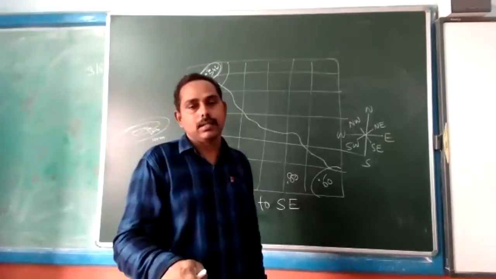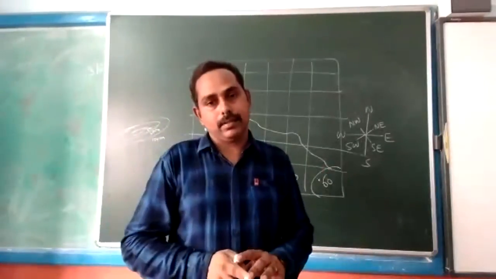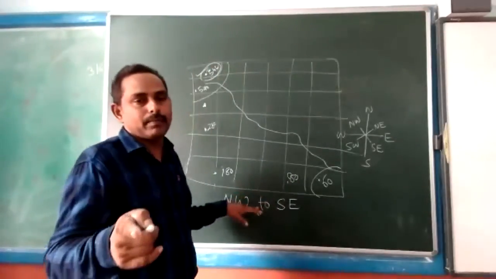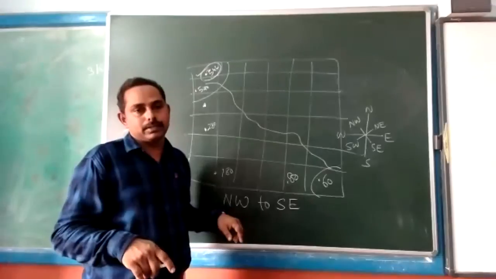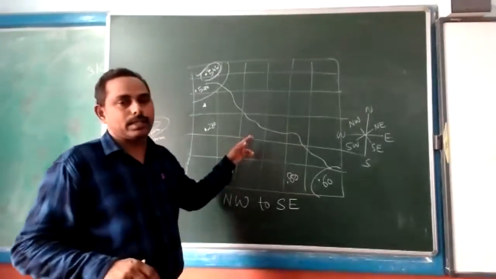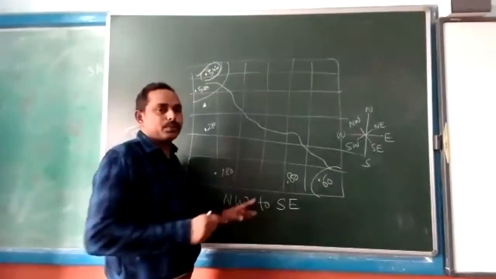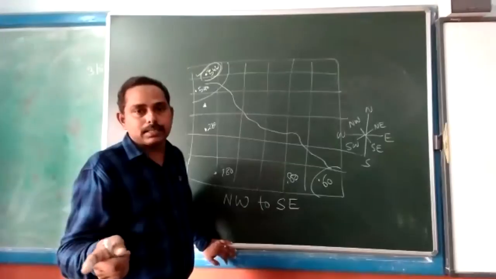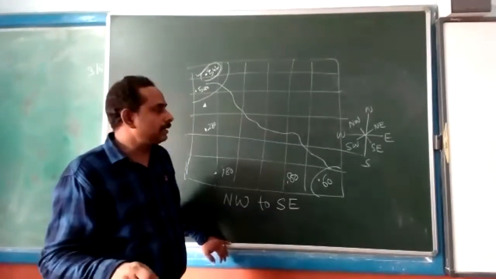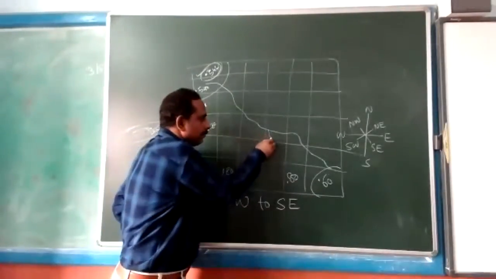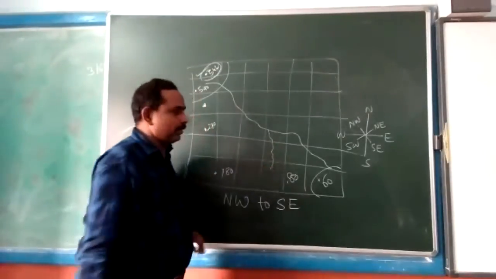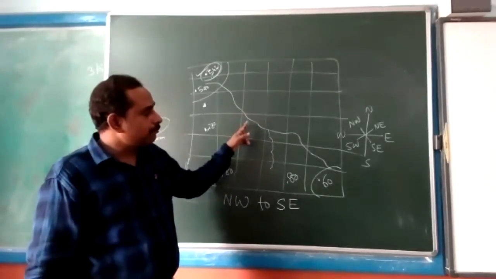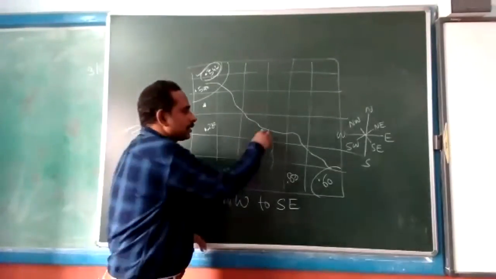One more thing is there: the bank of the river. Which side of the river does the tributary move? Suppose in one of the maps we find the Rapti river, and imagine one tributary is moving over there. Then we have to find out on which bank of the Rapti river this tributary moves.